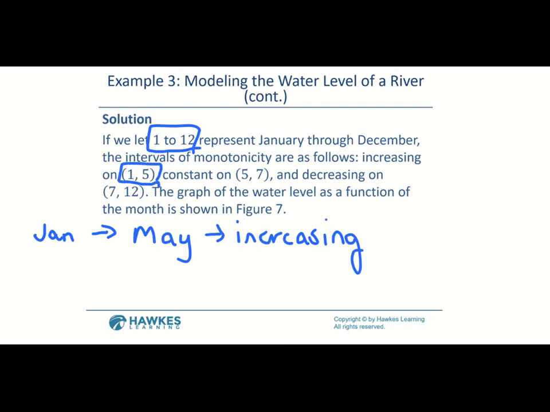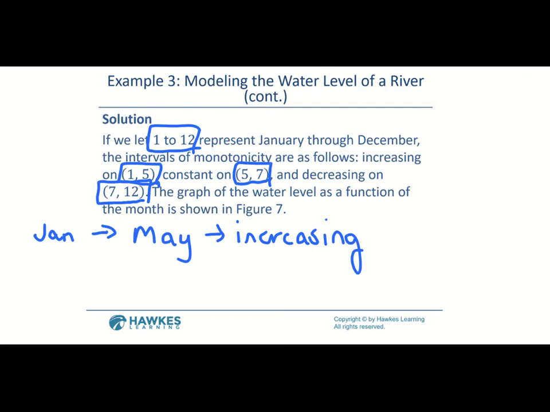Then from May through July, which is the 7th month, it was constant. So it was constant 5 through 7. And then decreasing from July through December. So our final interval would be 7 through 12. And that would show us our intervals of monotonicity through increasing, decreasing, and constant.